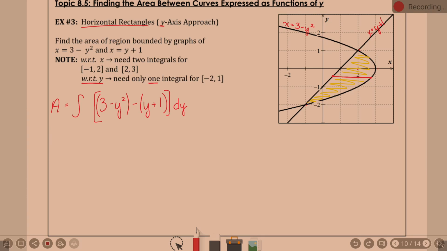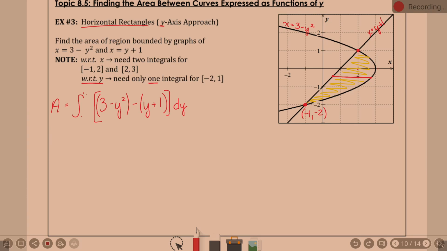Okay. Now, we need some boundaries. We need our limits here. Notice we're working in terms of what variable? Y's. Which means my limits are going to be y values. So the bordering points, can you agree that are these 2 points? And this ordered pair down here at the bottom is what? -1, -2.